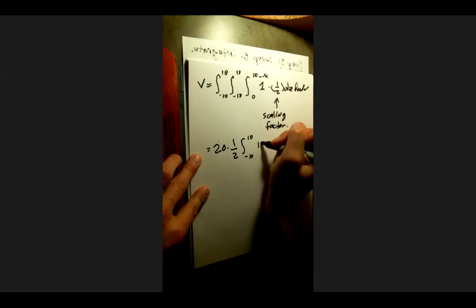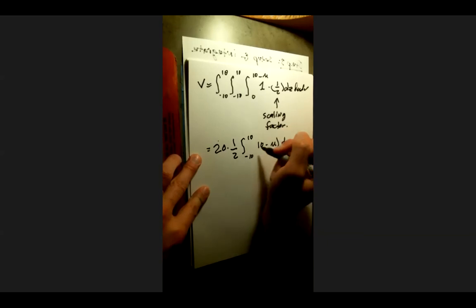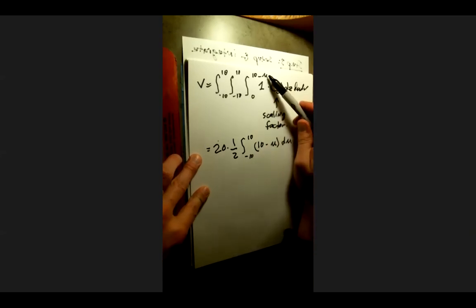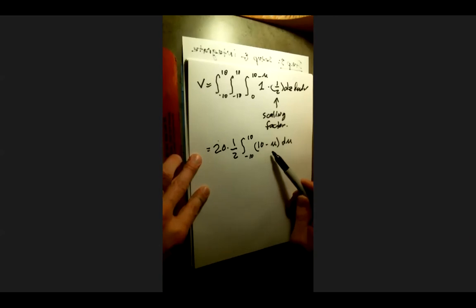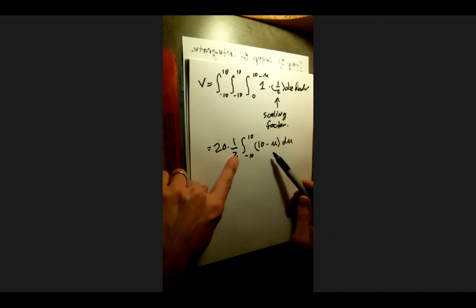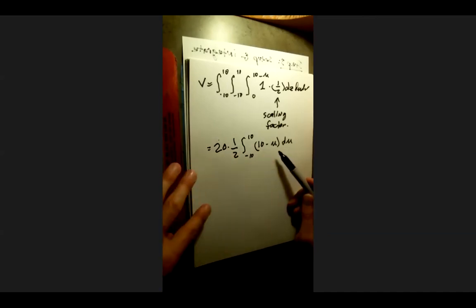And then antiderivative with respect to z would be z, evaluate at 10 minus u and 0 will just give us 10 minus u. So here's the stuff from the v's, here's the scaling factor, here's our antiderivative already evaluated for the inside integral.